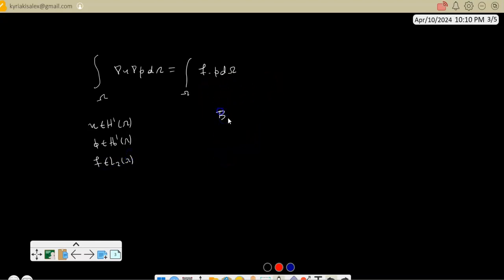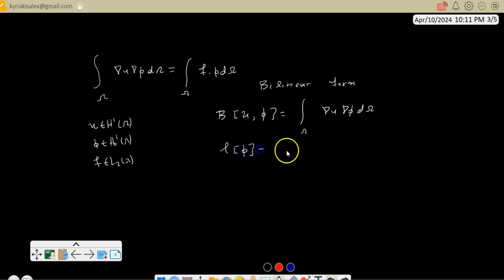Now, the left-hand side of this equation is the bilinear form. And this linear functional is the right-hand side. I'm not going to use it here.